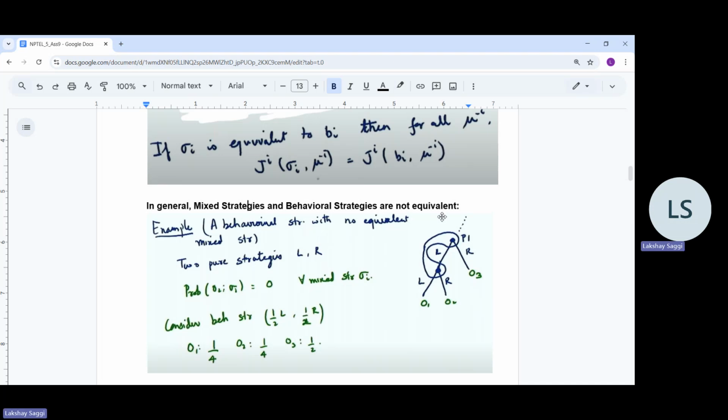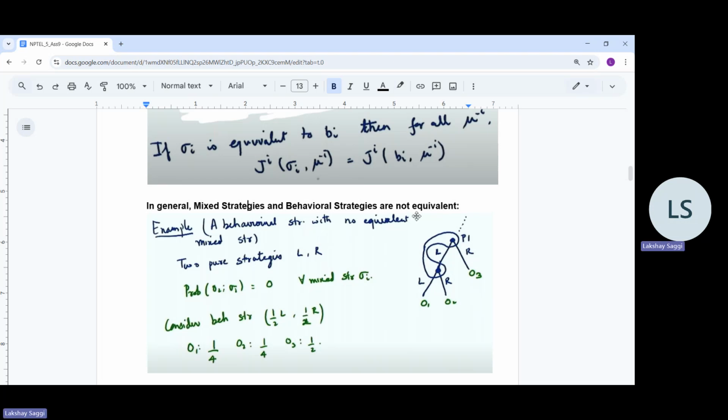This means that if P1 plays L, P1 again arrives at the same information set. So P1 is kind of forgetful, and does not even remember what it has played. P1 can't distinguish between these two nodes, so P1 can't distinguish whether it has played L or not.